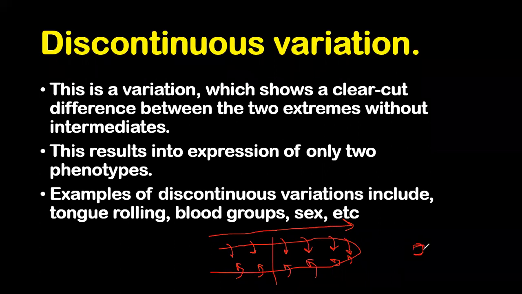I don't even know how, but that's tongue rolling. Now you can either roll or you cannot roll. Period. When we go back to school, I'll try to illustrate that. You find that very few people in class can actually roll their tongue.